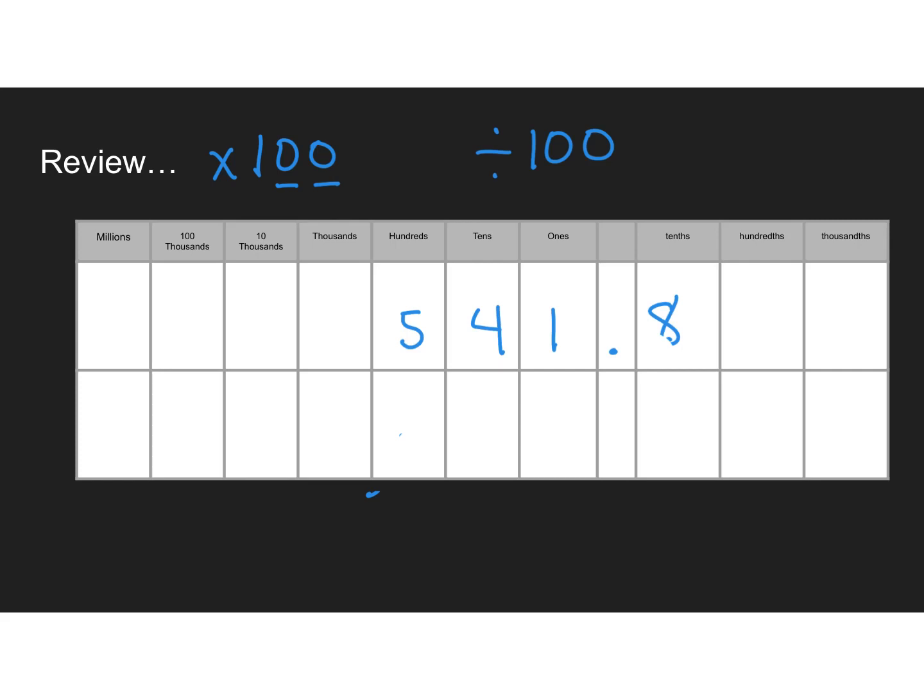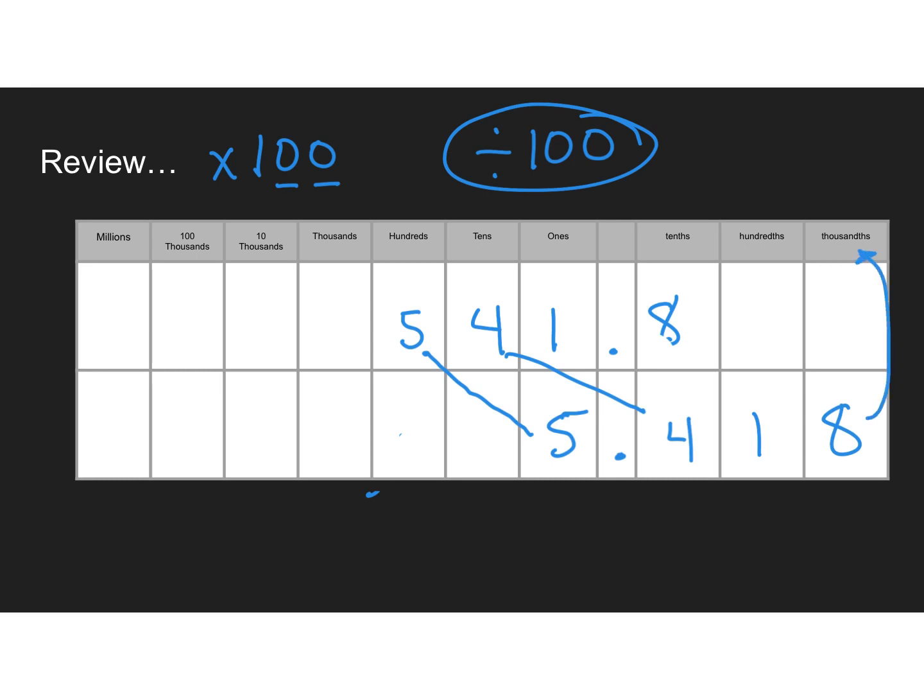So 5 divided by 10, divide by 10, divide by 10. So if we take 541 and 8/10 divided by 100, we would have 5 and 418 thousandths.